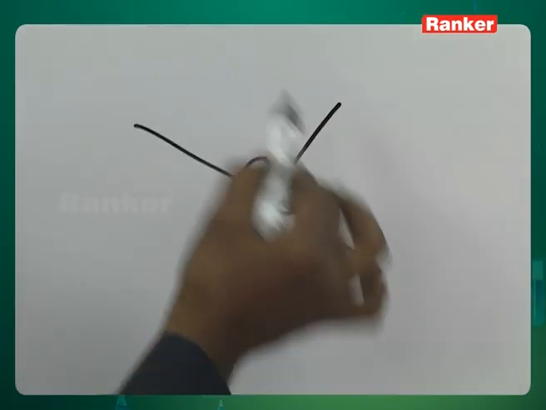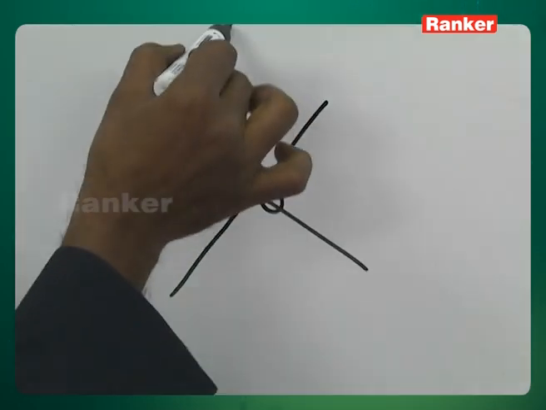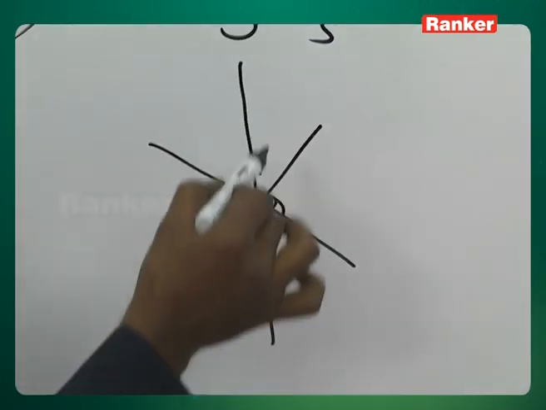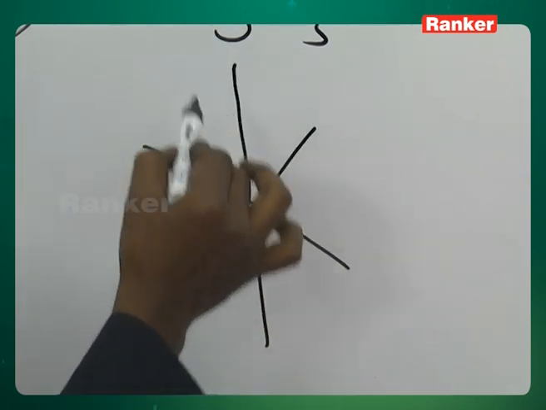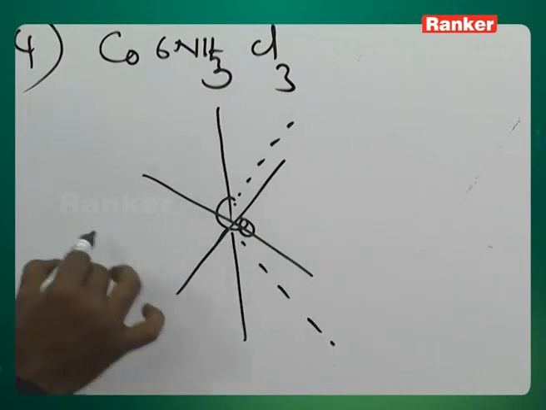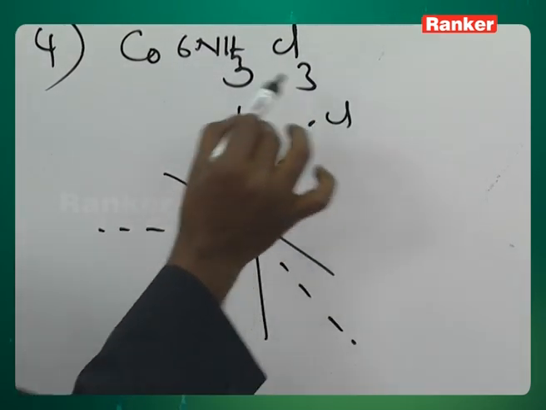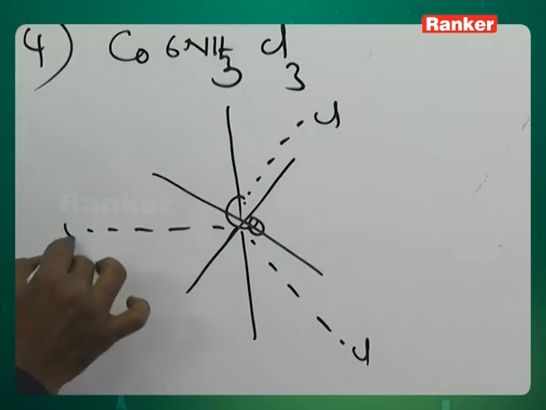Look at this complex, 6. If the primary valency is 3, the coordination number should be 6. Therefore, in this complex 6 amine ligands are there, and 3 chloride ligands represent the primary valencies. Primary valency I am showing by dotted lines. You see the chloro ligands, first one, second one, third one.